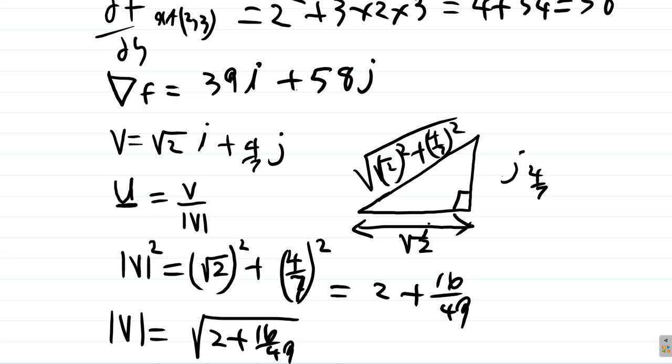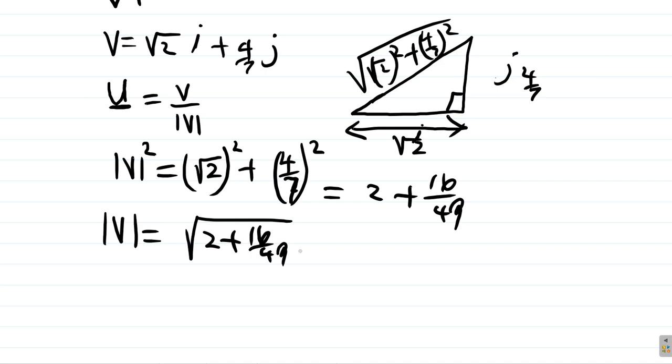So what would this amount to? Square root of, now if you work it out as a fraction, you could work it out as a decimal, but for neatness let's keep it as a fraction. I use my fraction calculator instead of spending a lot of time working it out here. 2 plus 16 divided by 49 equals 114 over 49.